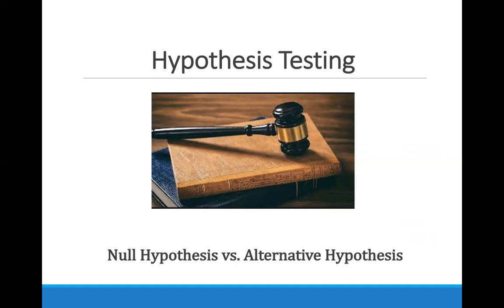The claim of the prosecutor is called the alternative hypothesis, denoted by H sub A, and it is the hypothesis which the researcher wants to prove. It is a claim about a population parameter that will be true if the null hypothesis is proven false.